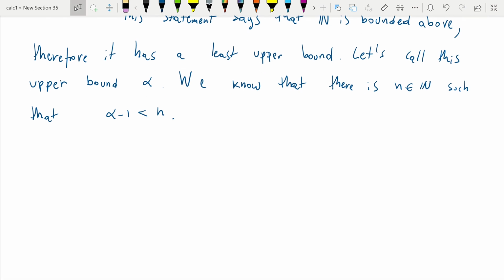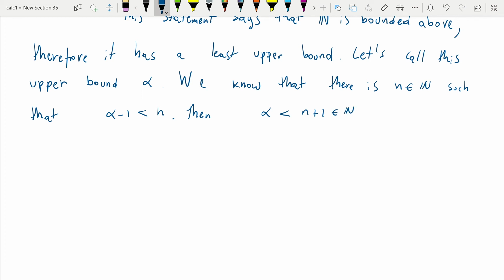Okay, so that's a given. But then alpha is less than n plus 1, and that's why we chose epsilon to be equal to 1, so that once we move 1 to the other side, we would be getting a natural number. So this belongs to N.